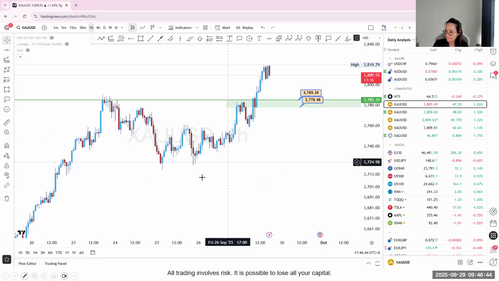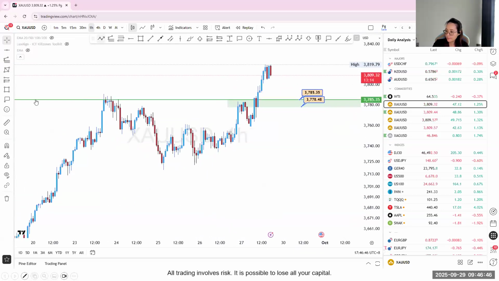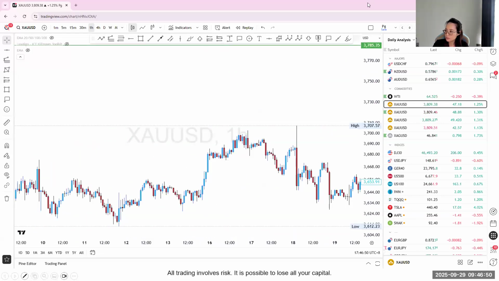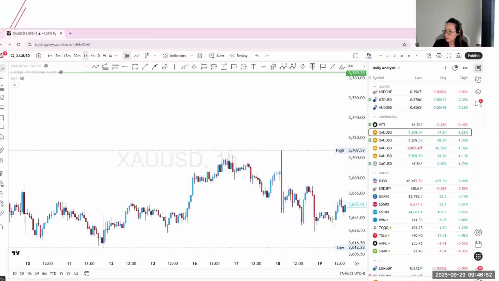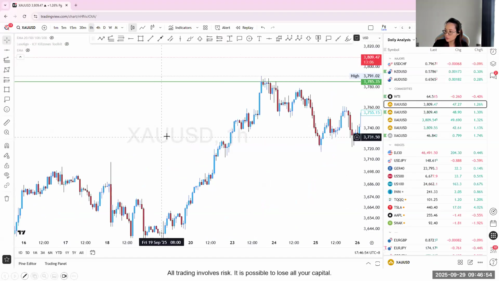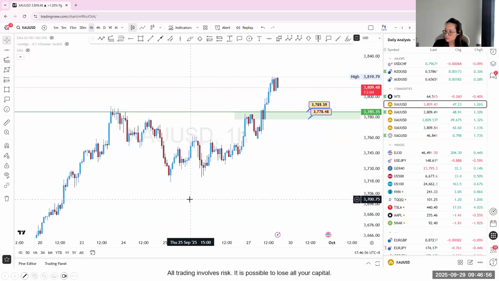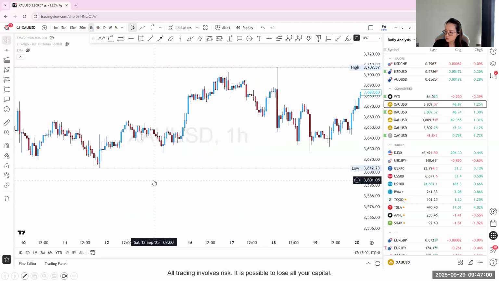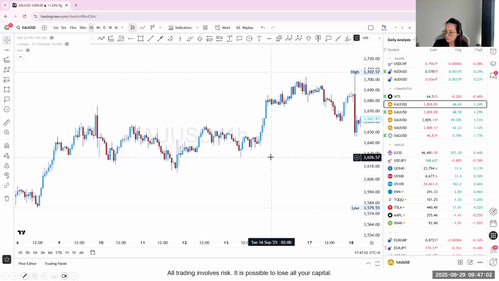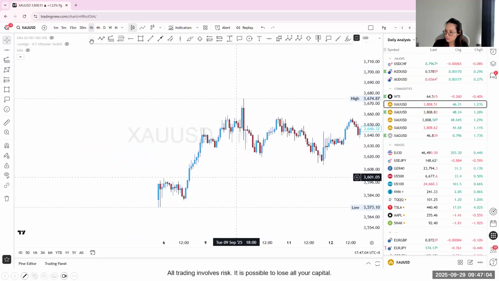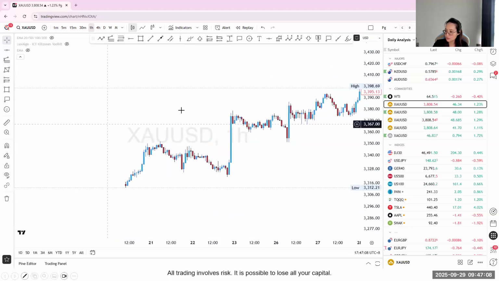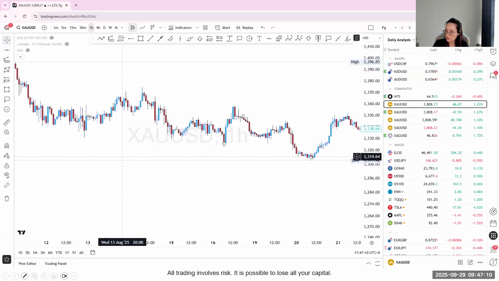Which is here. Shooting star, upper long wick. It's really hard to buy a shooting star in gold currently. It's got a really strong uptrend.